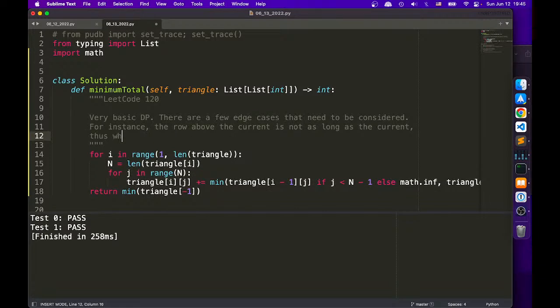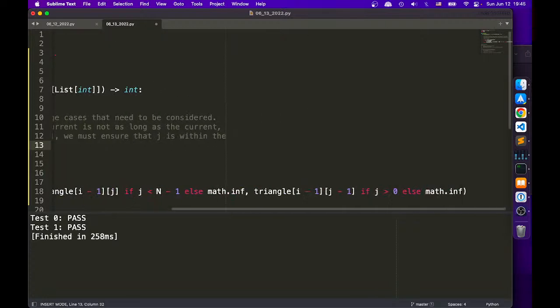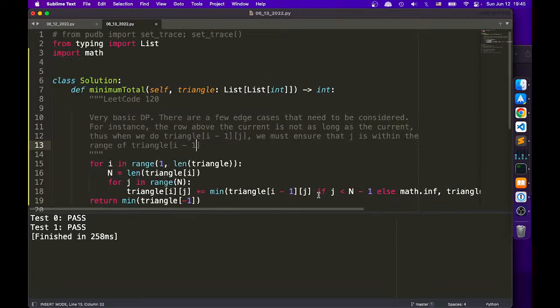Thus, when we do triangle i minus 1 j, we must ensure that j is within the range of triangle i minus 1. This one is not that difficult to see, but I didn't consider it.